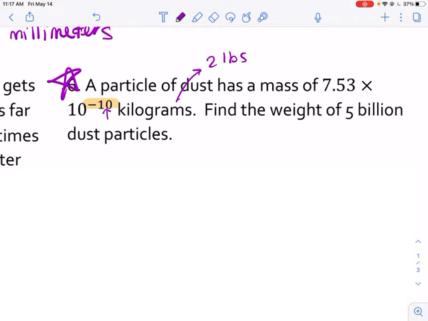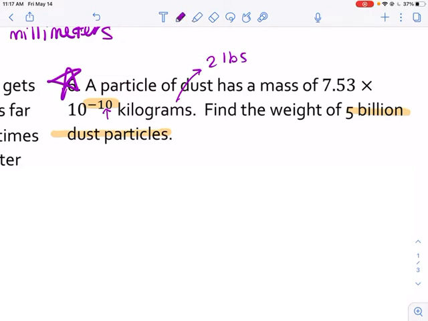Now what we want to find is the weight of 5 billion dust particles. That's a lot. So 5 billion dust particles tells me that I'm taking whatever the weight is of that dust particle, and I'm finding 5 billion of them. And that word "of" gives me the clue that this is multiplication.